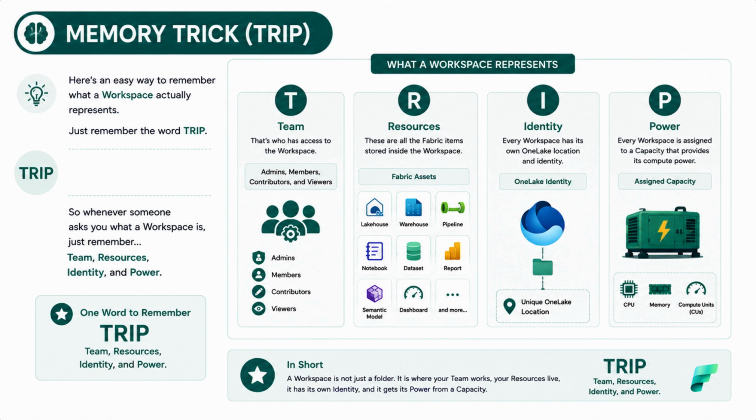I stands for identity. Every workspace has its own OneLake location and identity. P stands for power. Every workspace is assigned to a capacity that provides its compute power. So, whenever someone asks you what a workspace is, just remember team, resources, identity, and power.